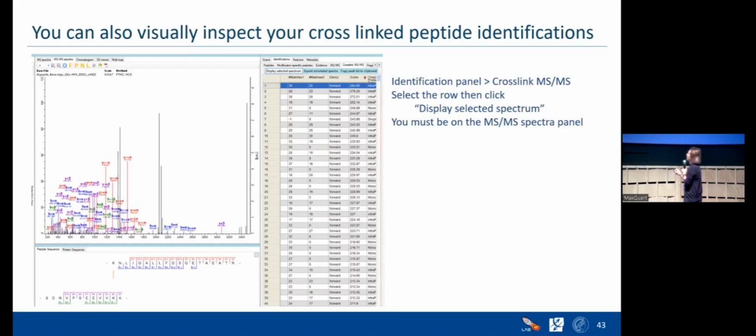And then I say alpha. So all of the Y ions that come from the longer peptide have the annotation alpha, because in the literature, the longer peptide of the crosslink is annotated as alpha, and the shorter part of the peptide is beta.